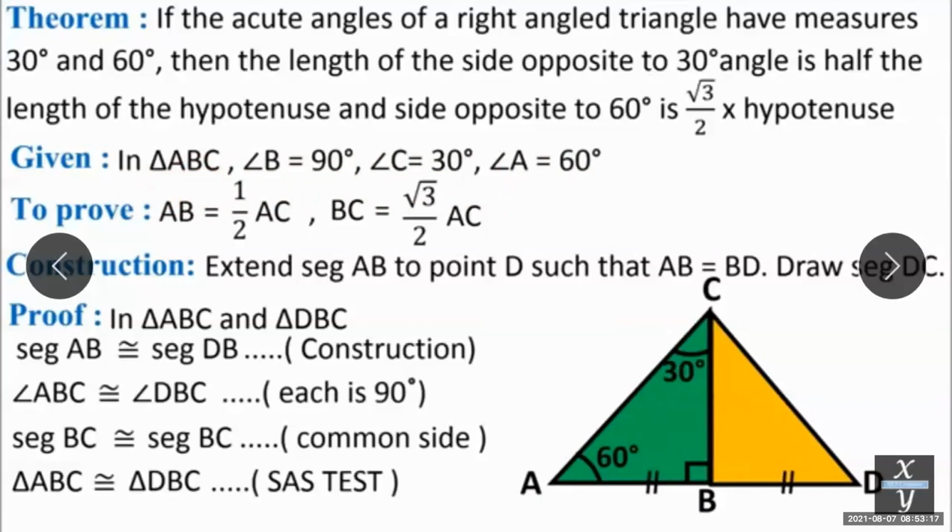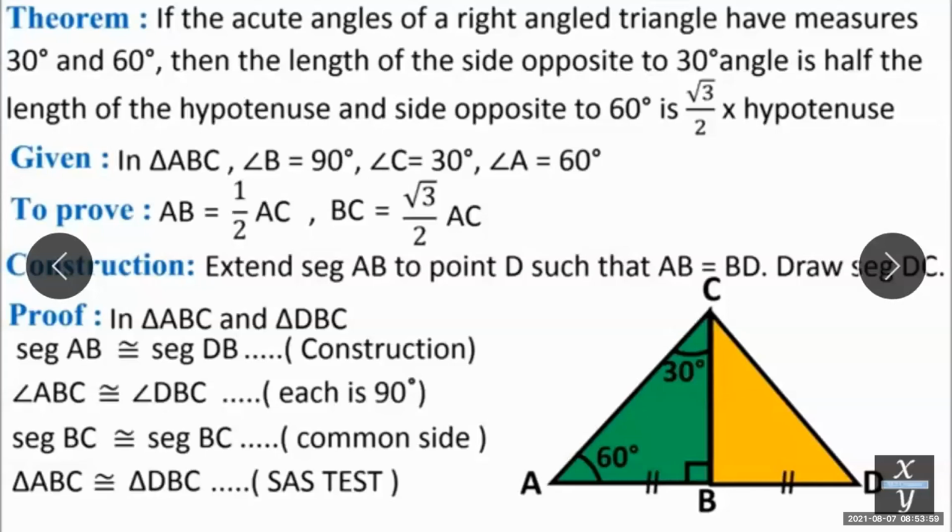To prove this, we have to draw a construction. Now what is the construction? Extend segment AB to point D such that AB equal to BD. So what we have to do here is extend side AB beyond B by the same length, whatever the measurement of AB is, we extend up to that length only.